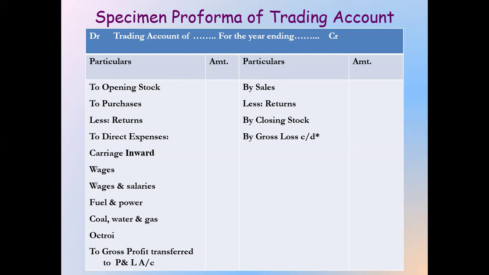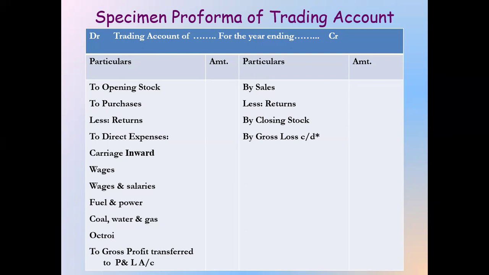Now, this is the performance of the trading account. First, at the top as heading we mention Trading Account for the year ending, whichever year we are going to prepare it for, either 31st March or 31st December. Basically it has two sides, debit side and credit side. On the debit side come all the direct expenses, and on the credit side comes the revenue. Now we are going to discuss each item one by one.